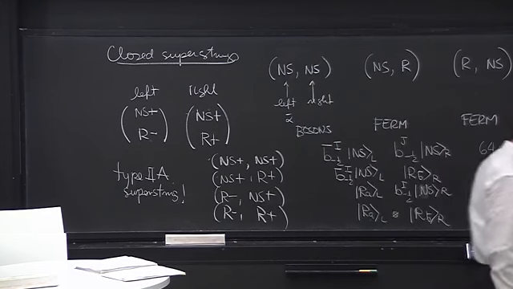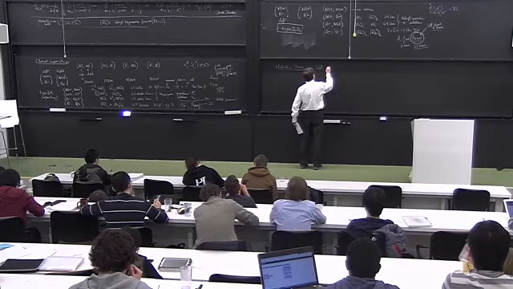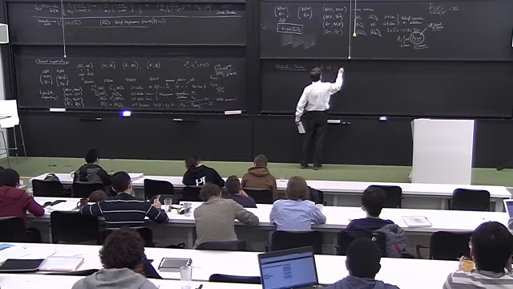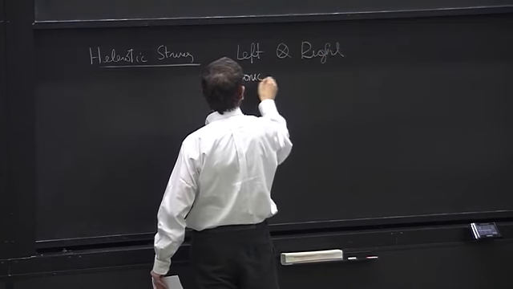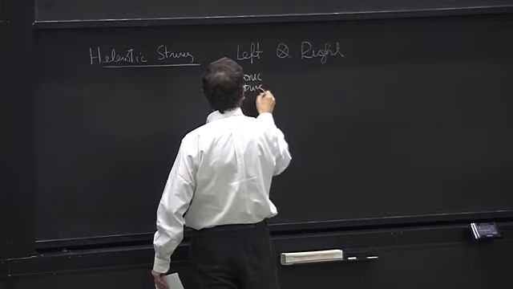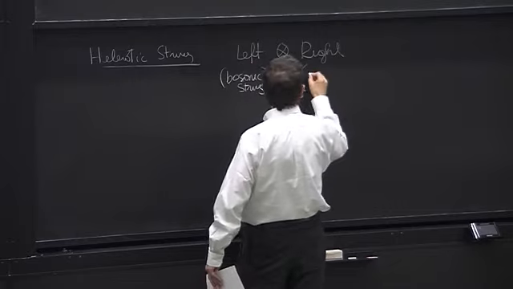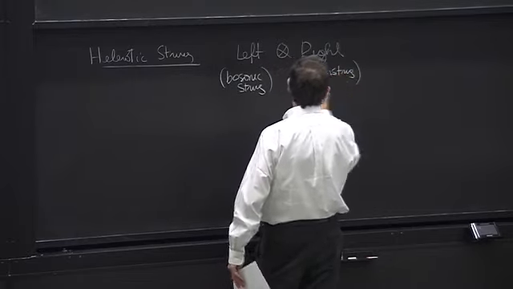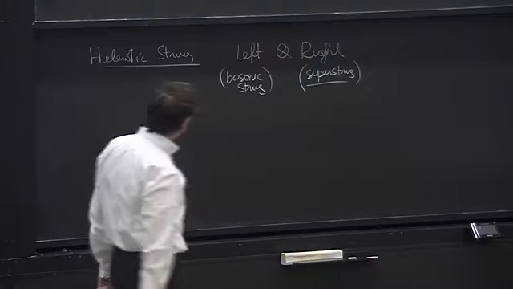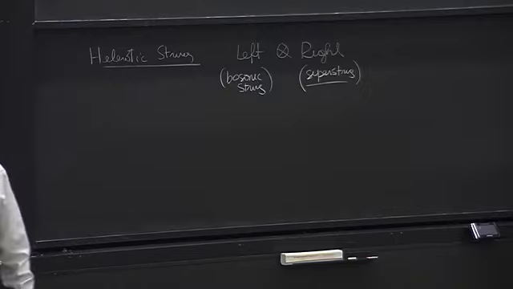So the idea here is to tensor: on the left, put a bosonic string that has no Ramond and Neveu-Schwarz sector, and on the right, put a superstring. So the right is conventional, but on the left is a crazy bosonic string that you're going to tensor with the right.